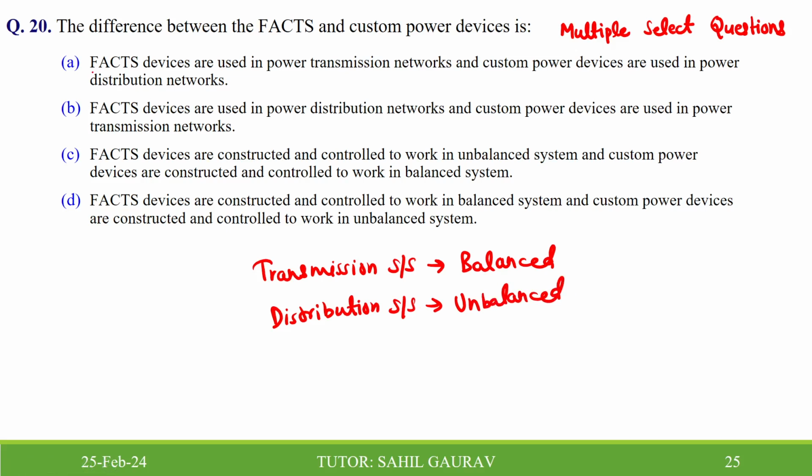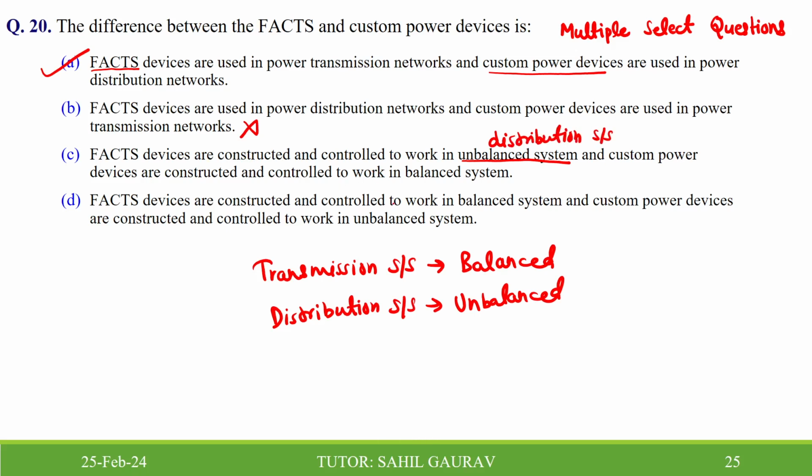So we know that FACTS, flexible AC transmission system, we use in the power transmission networks, and custom power devices we use in the power distribution network. So A is correct, while B is the reciprocal, so it is incorrect. And C option says FACTS devices are constructed and controlled in an unbalanced system. Unbalanced system means distribution system.